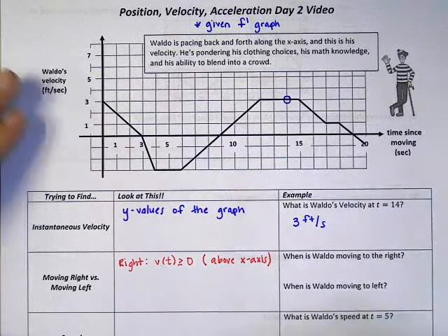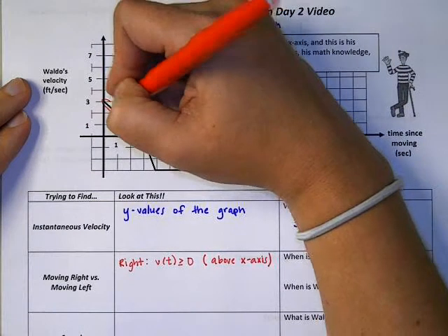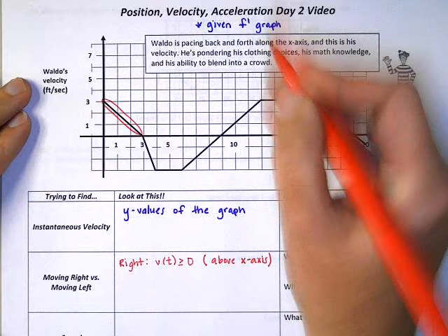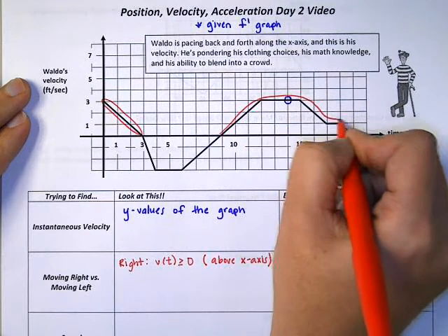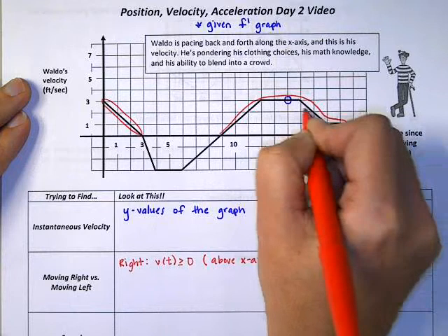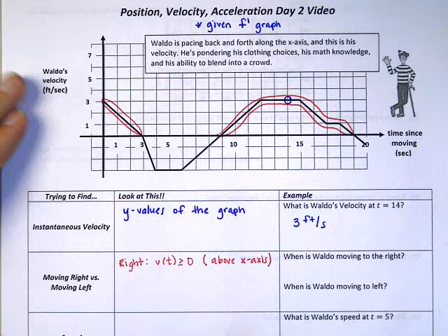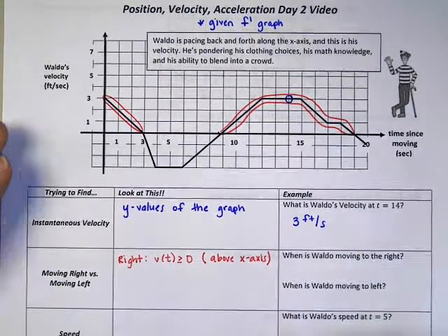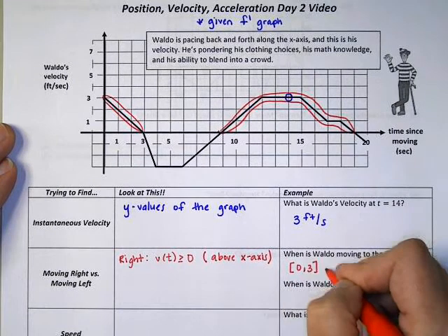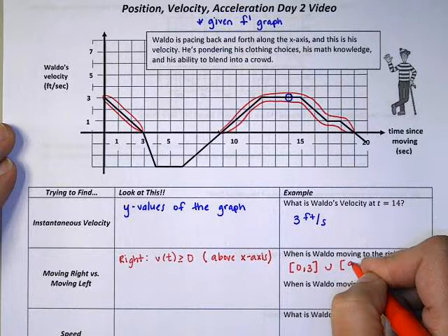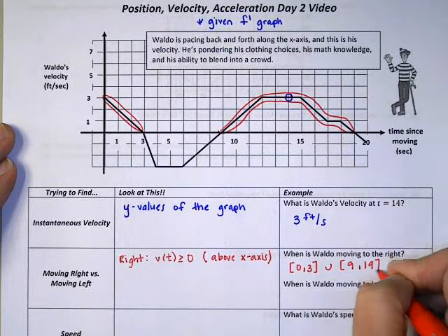So for example, I would be moving to the right during this section of the graph, and so I would list my time intervals as from 0 to 3, and then also from 9 to 19.